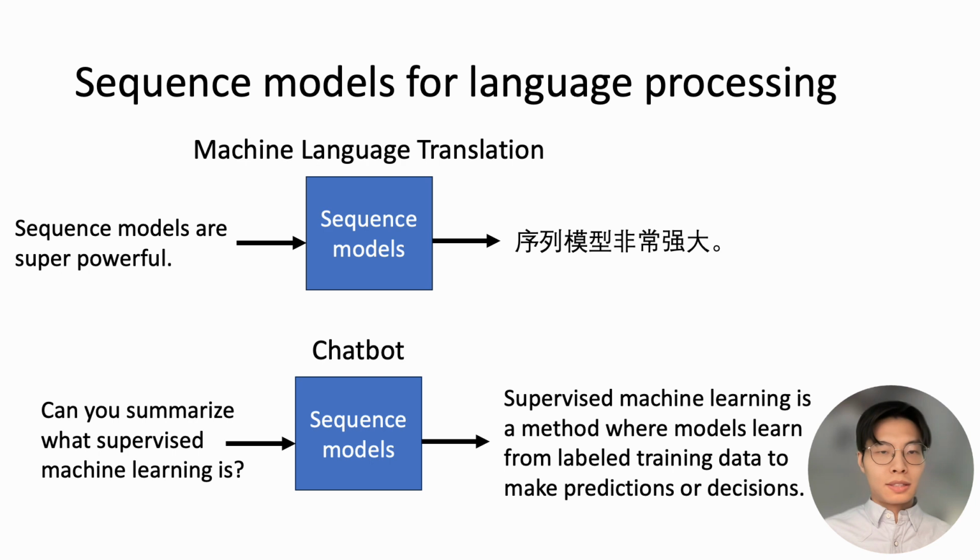Another example is the chatbot, like the famous ChatGPT. It can answer any of your questions. For example, when I ask it, can you summarize what supervised machine learning is? It will answer, supervised machine learning is a method where models learn from labeled training data to make predictions or decisions.